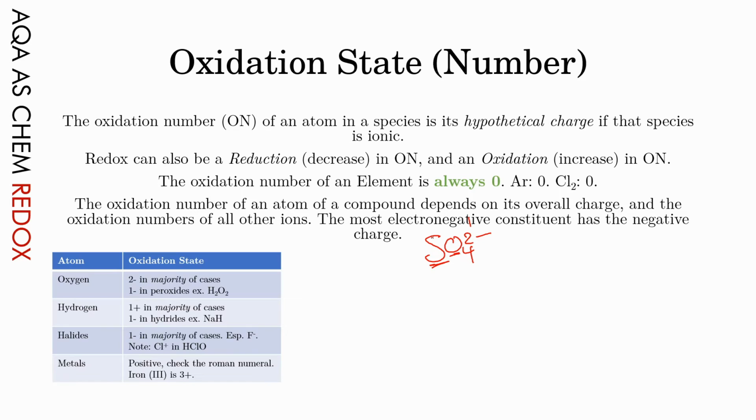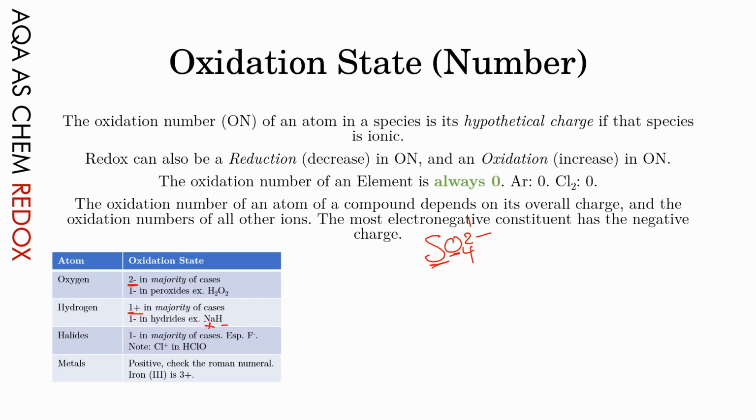So there is also a table which shows the oxidation states of common things. So you see oxygen is 2-, unless it's in peroxides. Just remember that. Hydrogen is H+, so that's 1+, unless it's in hydrides such as NaH, where the Na gets the plus and the H gets the minus.